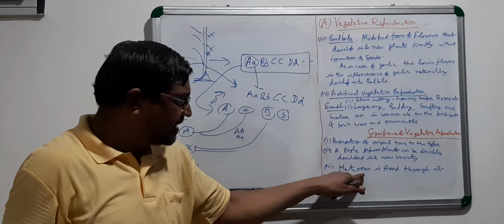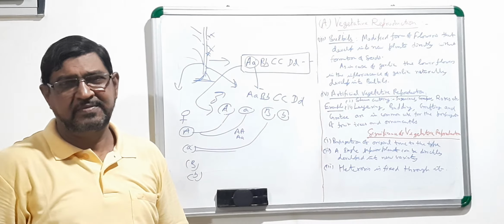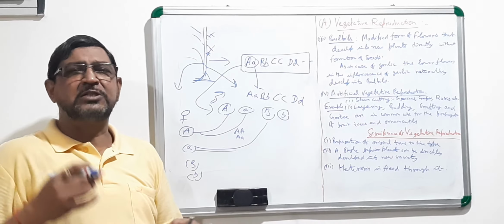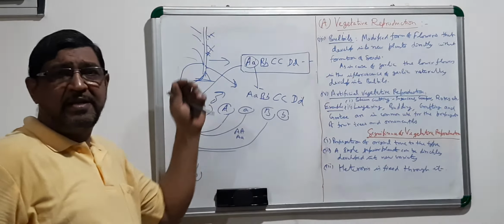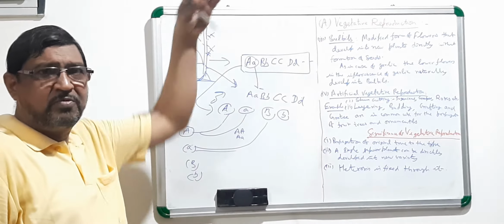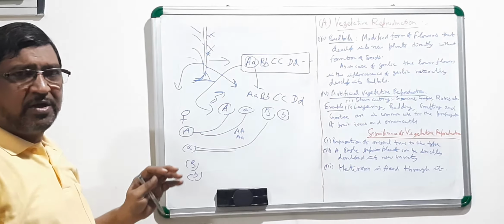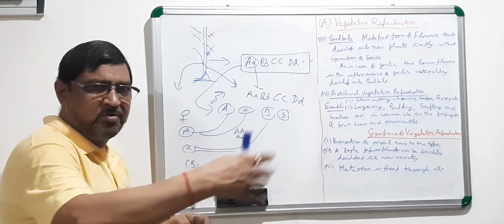Another one is that heterosis is fixed through it. If sugarcane seed production is there in some places, Shahjahanpur, even Coimbatore, two varieties are developed and you have crossed them, you have got the seed, you have grown it.